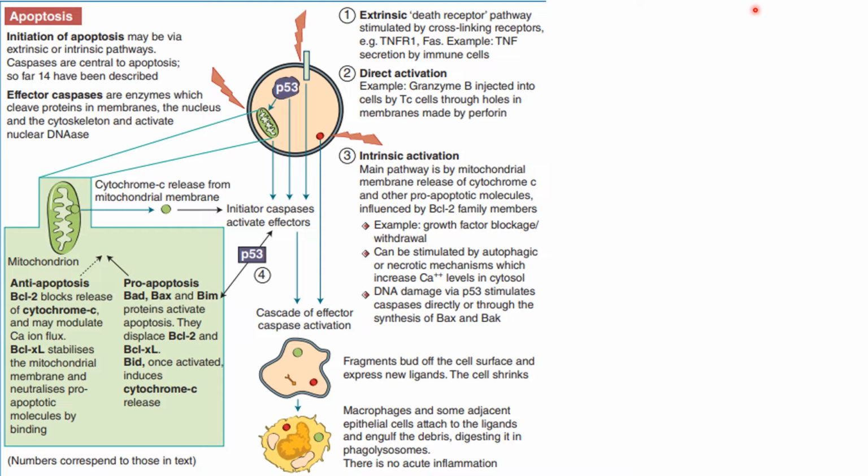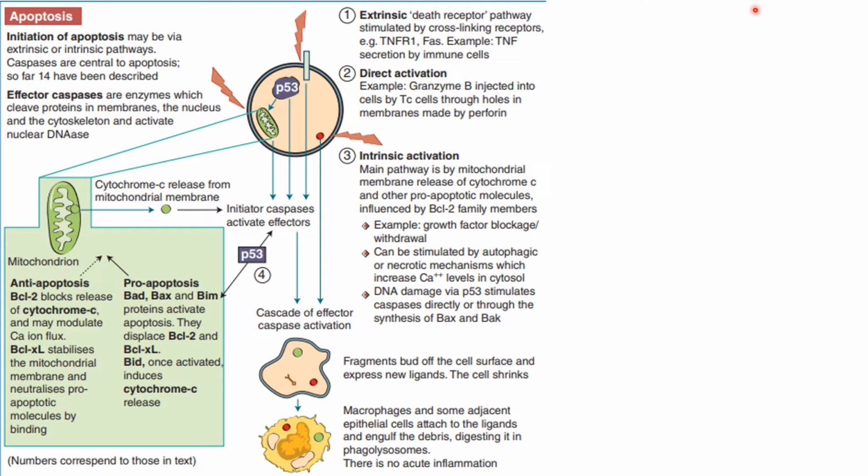Then we have the third step, intrinsic activation. This is the main pathway by mitochondrial membrane which releases cytochrome C and other apoptotic molecules influenced by the BCL2 family members, for example, growth factor blockage.